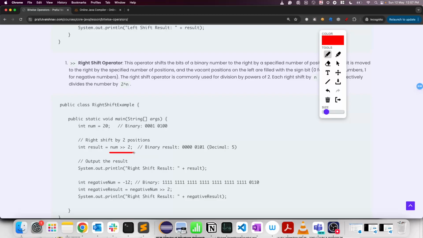If we shift by 2, this one will go here, and this one will go here. So it will become 0, 0, 0, 0, 1, 0, 1, and all the vacant positions will be filled with 0. So this number 20 will become 5. It means it has been divided by 2 raised to the power 2, which is 4.